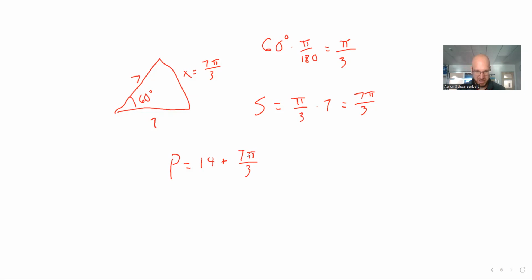I just did times by accident, but I got 102 and I knew that couldn't be legitimate. I know pi is approximately 3.14, so pi over 3 is close to 1. This comes up to 21.33 inches, and that's my total perimeter.